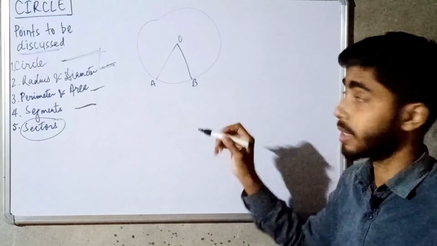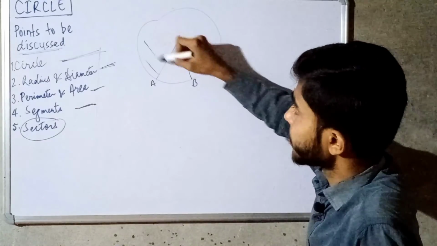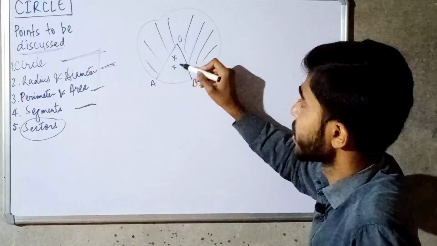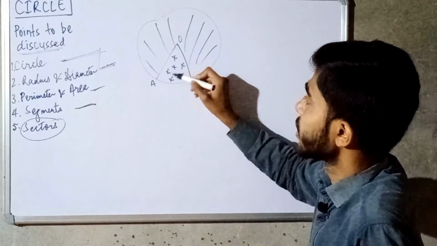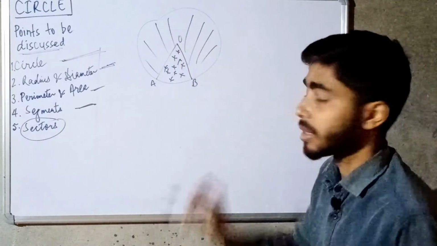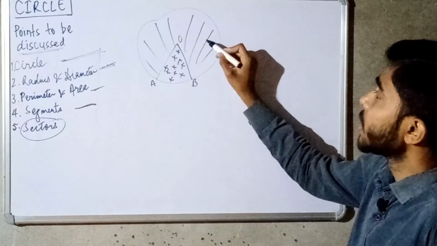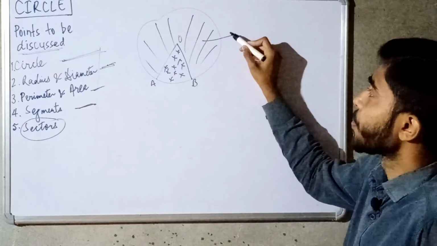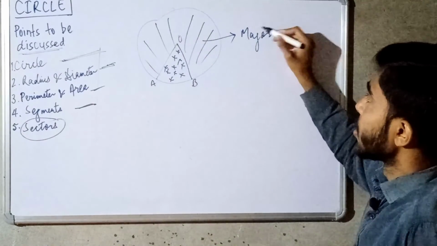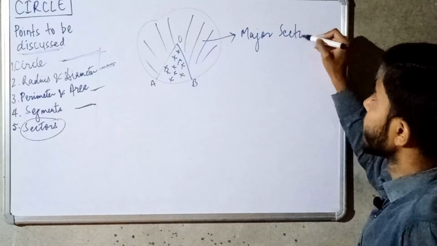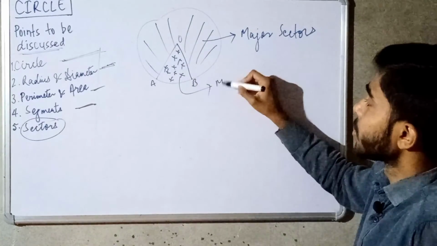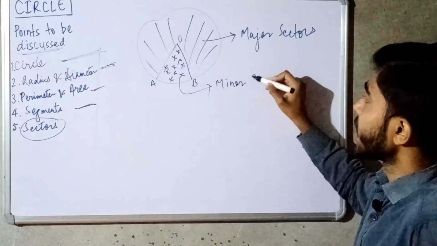One is this larger part, the major part, and one is this smaller part. So we call the major part the major sector, and we call this minor part the minor sector.